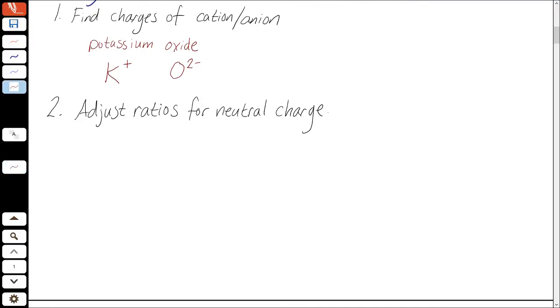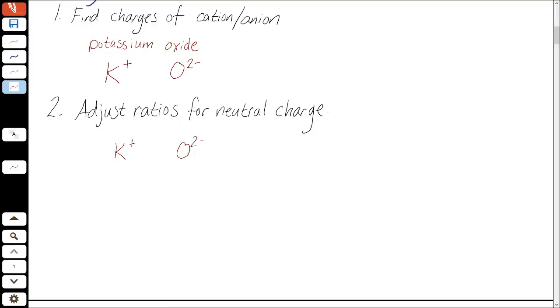So we've got K plus and O2 minus. If we put those together and just make this KO, what's wrong with that? It's not neutral because we've got more minus than plus. We have 2 minus, 1 plus. So if we put those together 1 to 1, there's still too much minus. So what do we do instead?